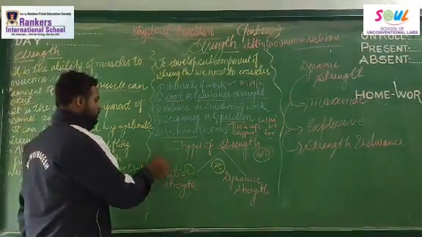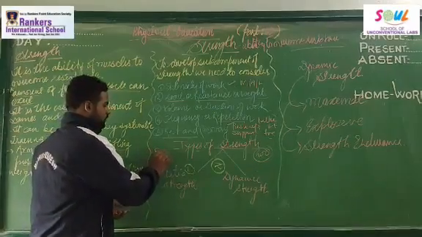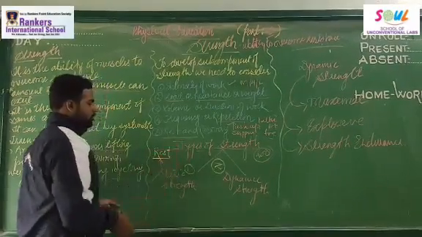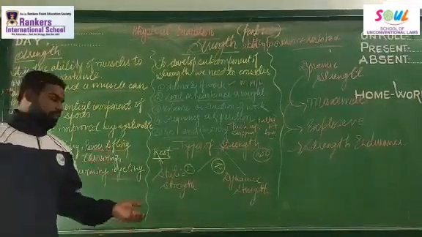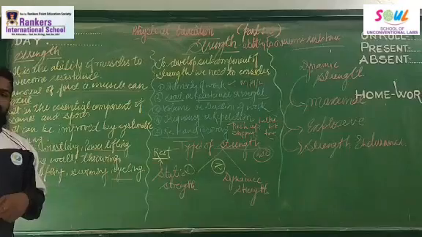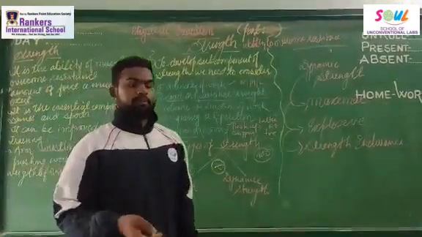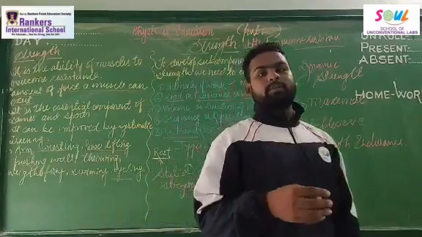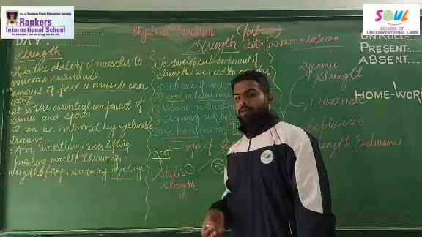What is the meaning of static? Static means rest. So all the activities which we perform in a rest condition at a single position is static strength, right? The amount of force exerted by the muscle from a single position is also called static strength.